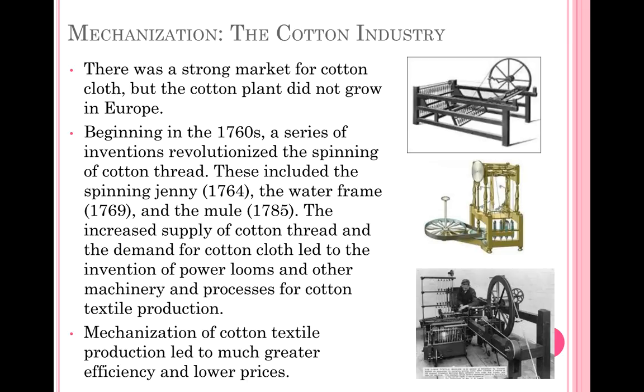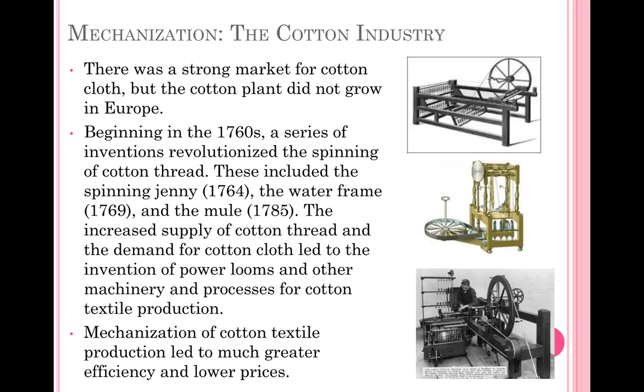Look it up. The increased supply of cotton thread and the demand for cotton cloth led to the invention of power looms and other machinery and processes for cotton textile production. Mechanization of cotton textile production led to greater efficiency and lower prices, but here's the thing, guys, it's not nearly as beautiful, it's not nearly as well spun as the cotton from India. But we'll get into that in just a little bit.